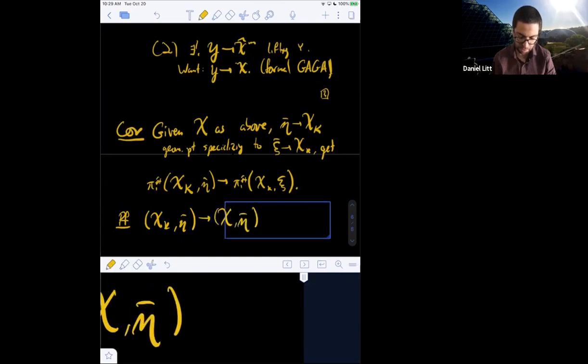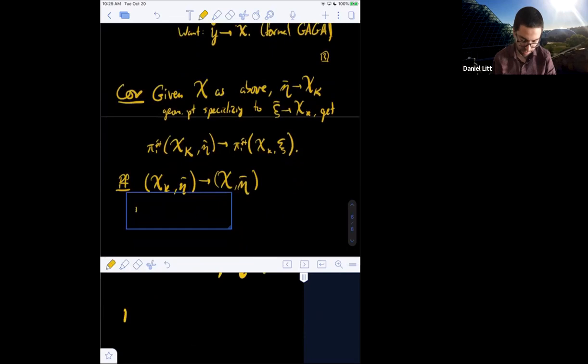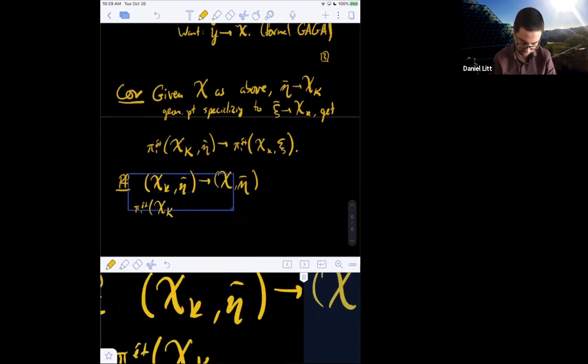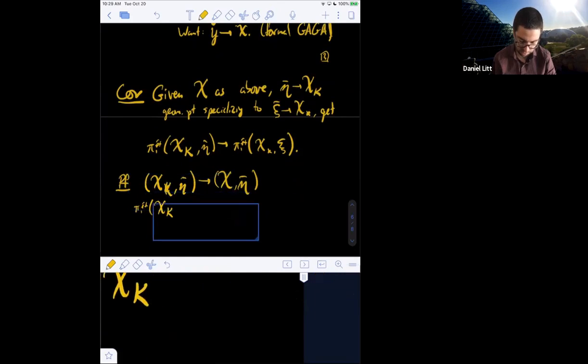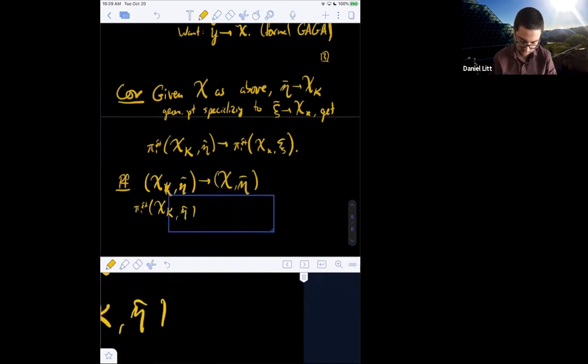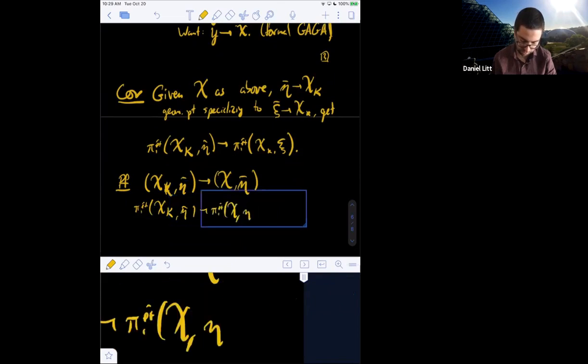There's a map of pairs like this. So we get a map pi1 étale of X_K at eta bar to pi1 étale of X at eta bar.